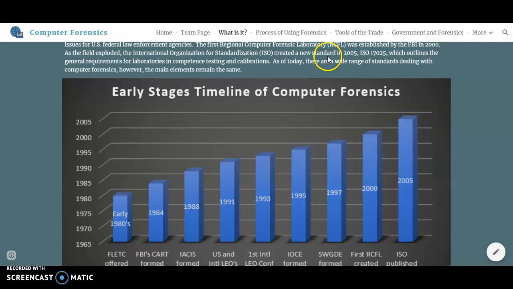So that was created back in 2005, and it was one of the first ones that was actually used internationally.